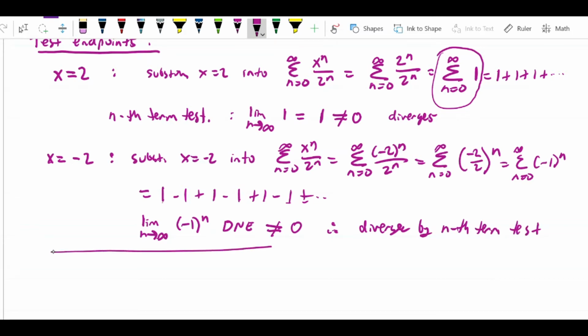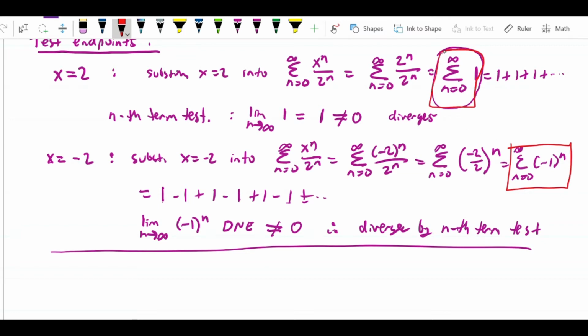Another way, incidentally, that we could have gotten to this is to simply observe that this series and this series are actually geometric series, with r equals 1 and r equals negative 1, both of which would have also been a perfectly valid explanation of why these specific series diverged.